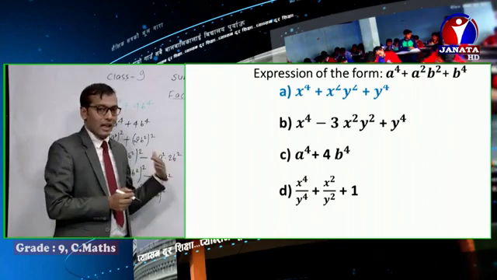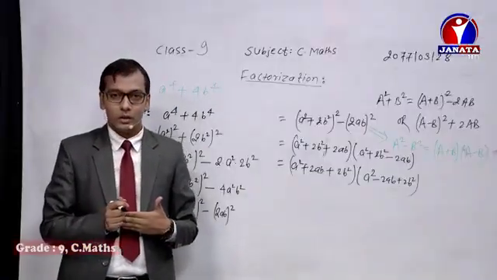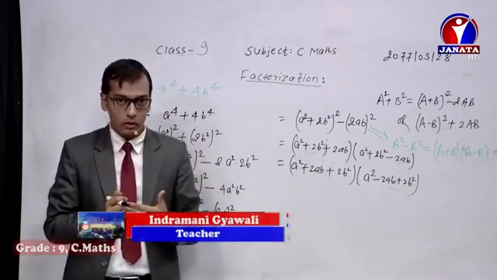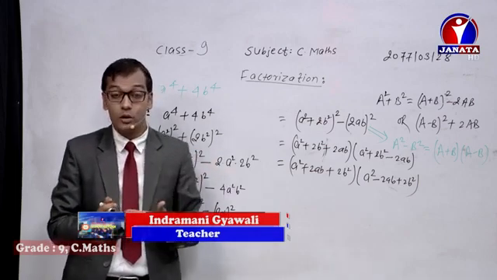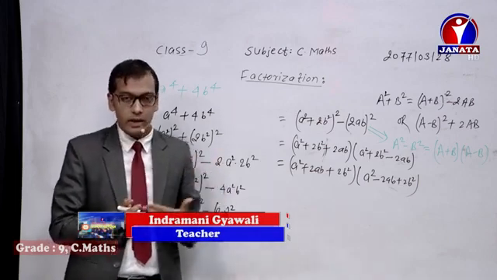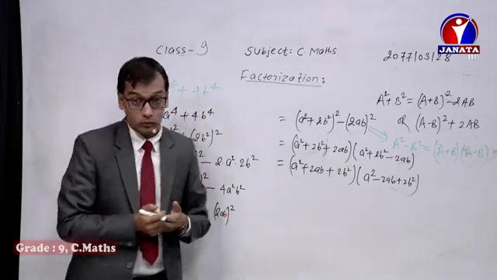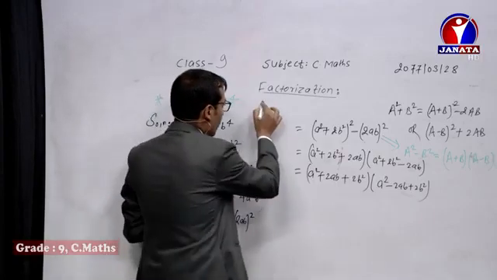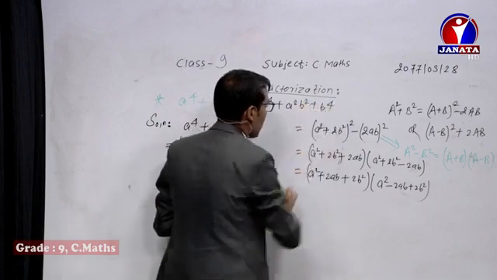So in factorization, we actually discussed so many questions. Some of the questions were based on a square minus b square form, and today I basically focused on factorization based on power 4, like in the form of a to the power 4 plus a square b square plus b to the power 4.